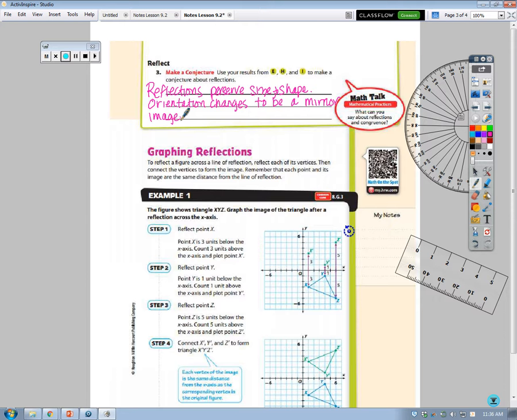And the lines of reflection we used in these examples was the X and Y axis, but again, it's not always going to be that X and Y axis, okay? So the orientation changes. Reflection preserves size and shape. Size and shape do not change, but orientation changes and the location changes, right?